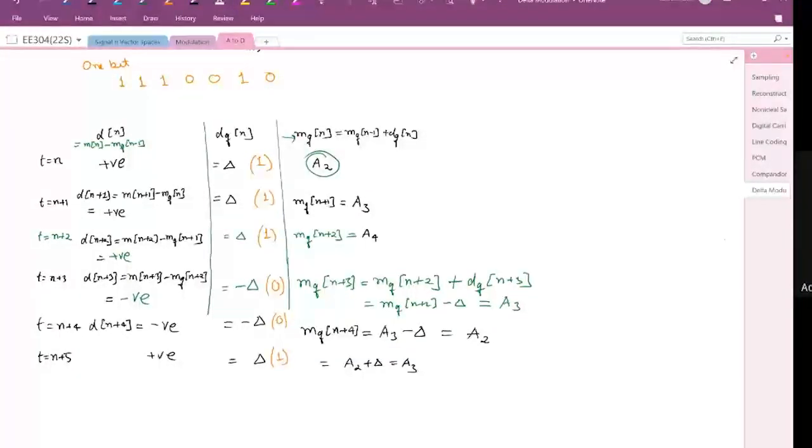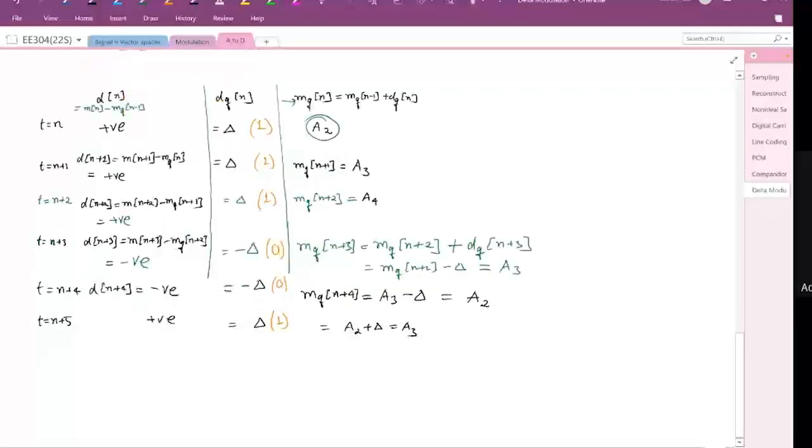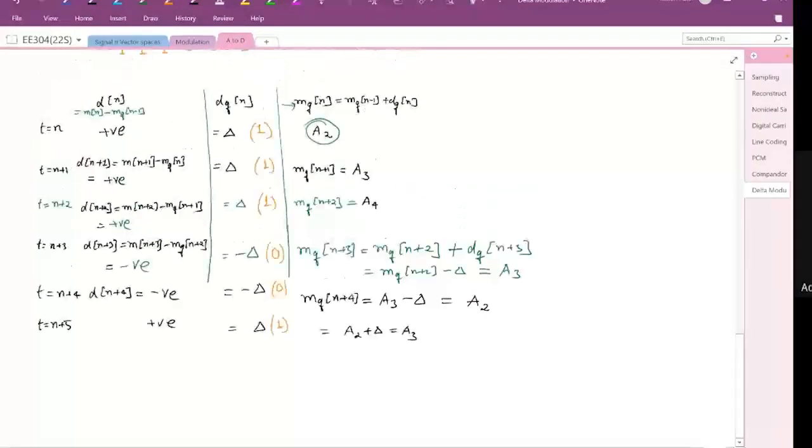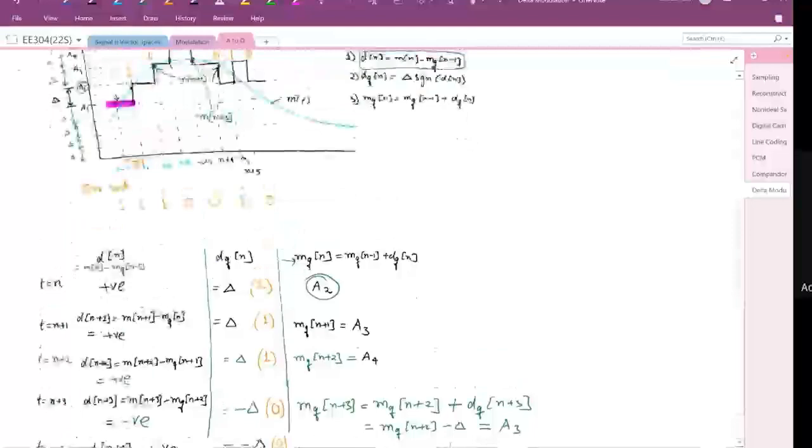Now, there are still some problems associated with delta modulation.